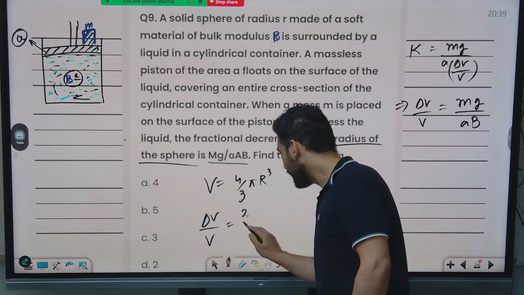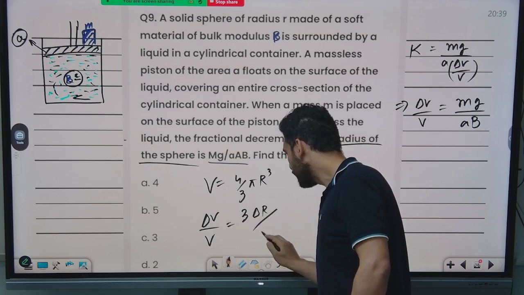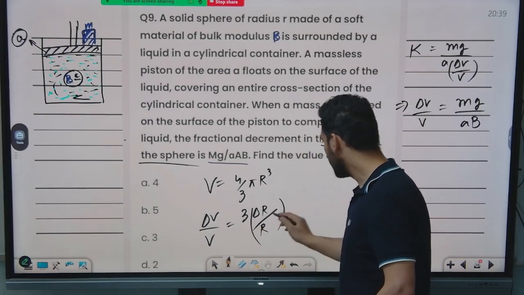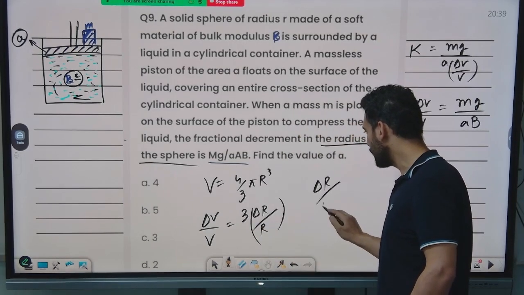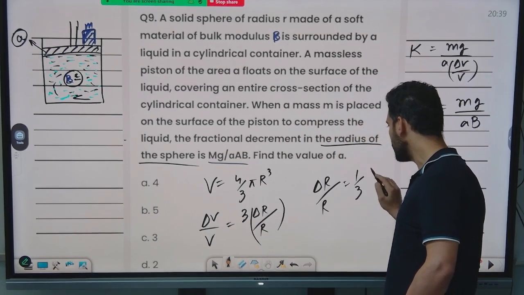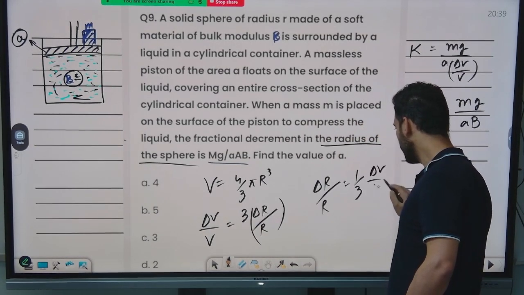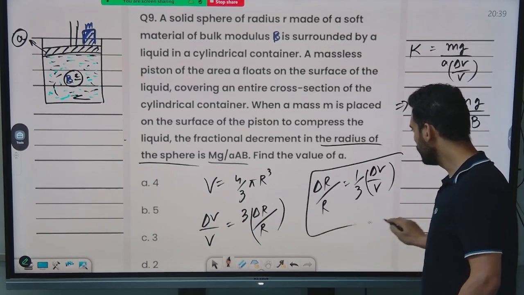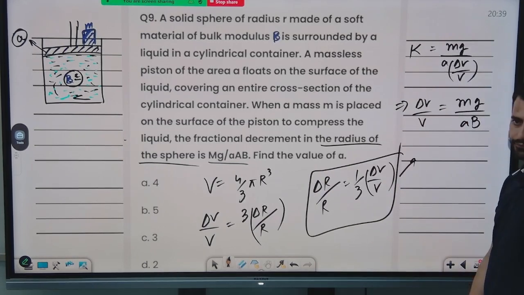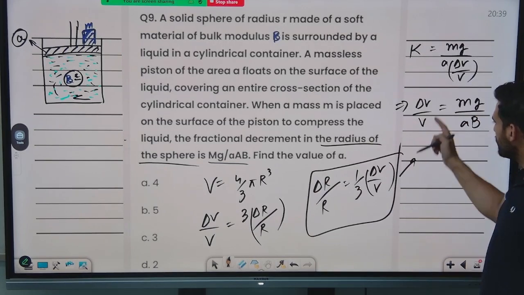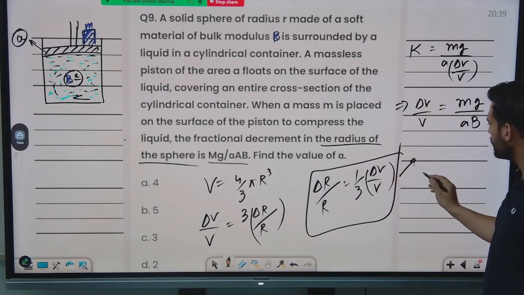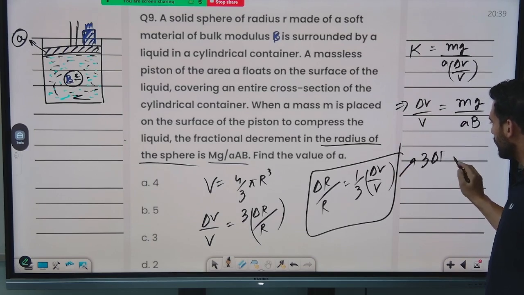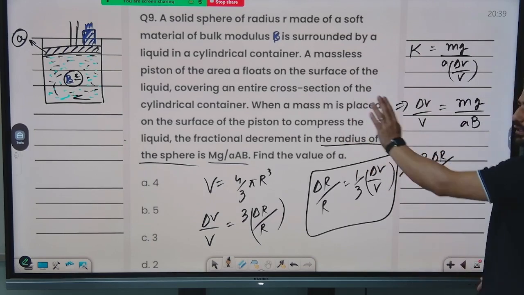But it will be 3 times delta R by R. So can I say delta R by R is equal to 1 by 3 times delta V by V? Can I use that concept here? So instead of delta V by V, I can say it is 3 times delta R by R.